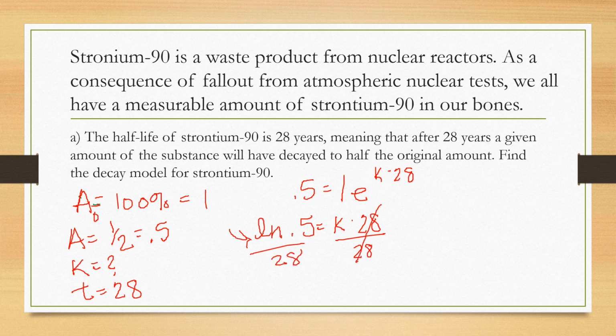So we'll put that in our calculator, and we get k is negative 0.0248. Hey, it makes sense that that's negative because it's declining or it's decaying. So our formula then is going to be A equals A sub 0, e raised to negative 0.0248 t.